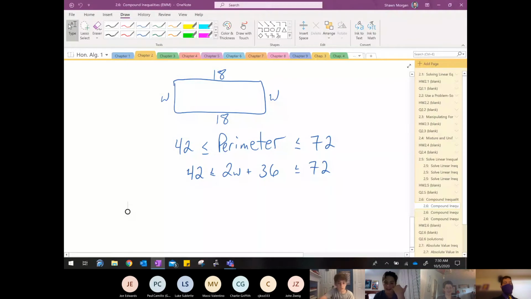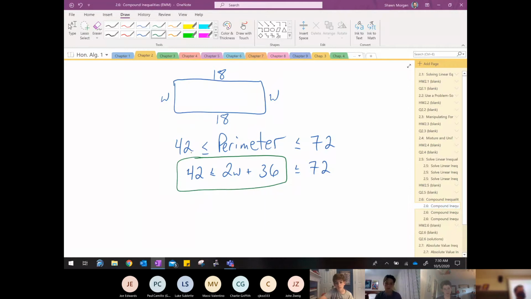Now, here's what I mean by this. It's an implied "and" because the perimeter has to be greater than or equal to 42. It has to be at least 42. And that extra stipulation also must be true: that it has to be no more than, or less than or equal to, 72.